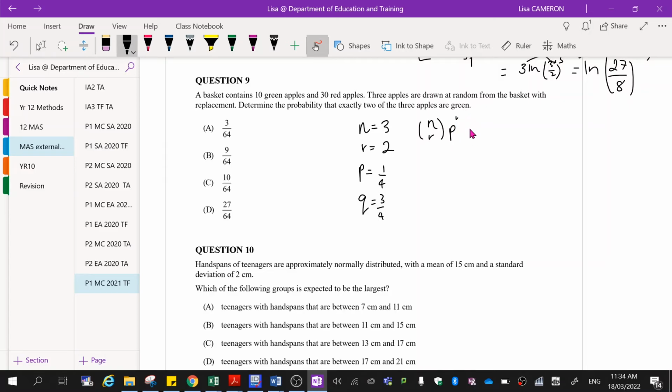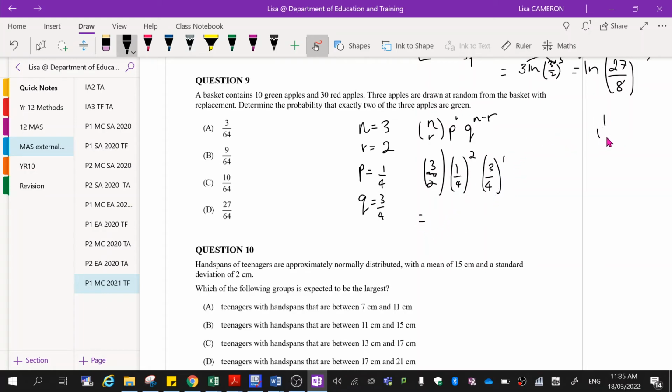P to the power of r, and then it'll be q to the power of n minus r. So the combination of 3, 2, 1 over 4 to the power of 2 and 3 over 4 to the power of 1.